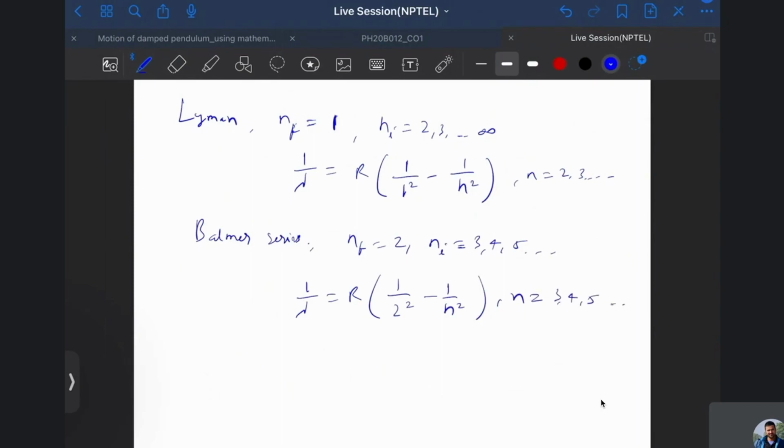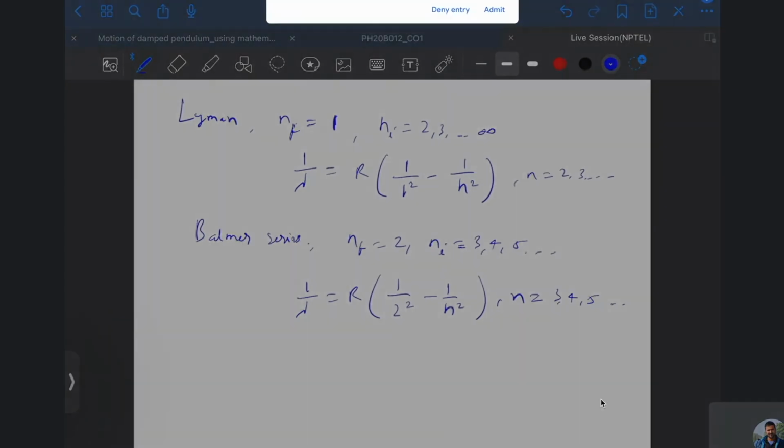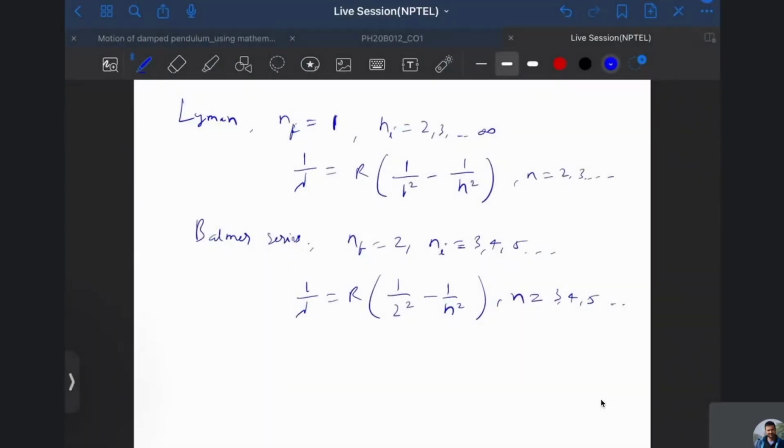So these things you must also be knowing. Okay, so I think this is all we need. And also some things just to help us do the calculation. You know the value of hc?